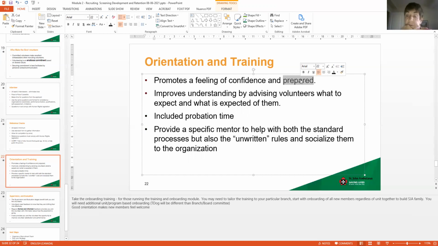That's why you have training. You don't care about the feeling. You want to make sure they're confident and competent. And feeling is an unnecessary word. Okay. So improves understanding of what to expect. Okay. Yep. Fine.